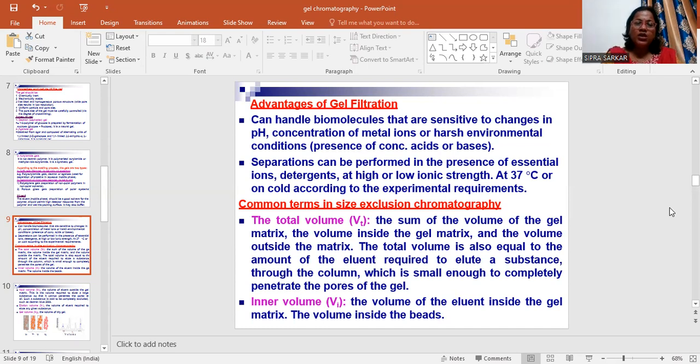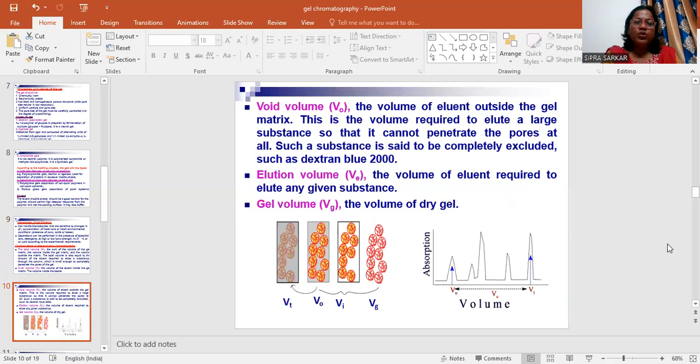Inner volume, it is Vi. The volume of the eluent inside the gel matrix, the volume inside the beads that remains in the gel, is known as the inner volume. Next, void volume. The volume of the eluent outside the gel matrix is the volume required to elute a large substance so that it cannot penetrate the pores at all.